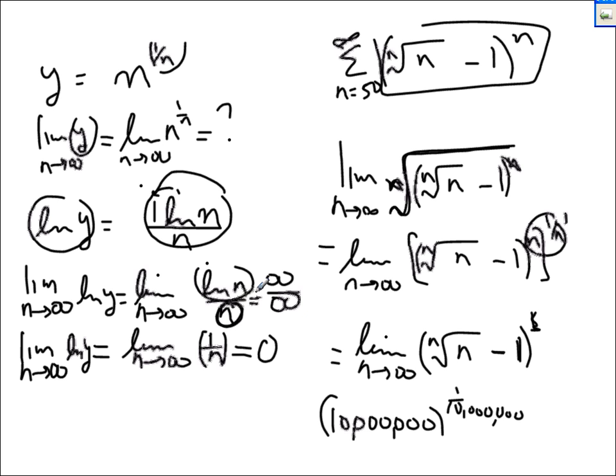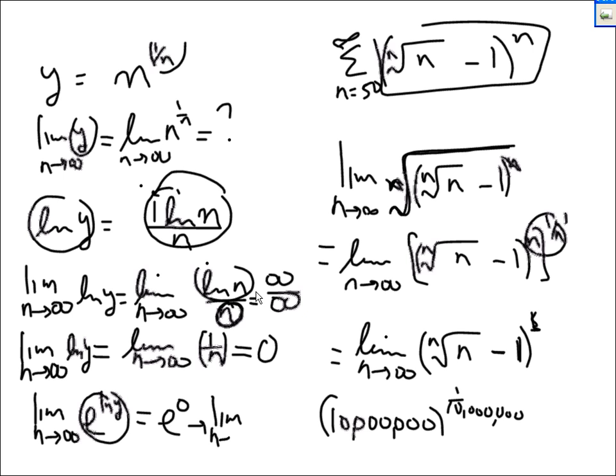I can raise both of these to the e power. The limit as n goes to infinity of e to the ln of y equals e to the 0. But here's what I know. This is y. E to the ln of anything is the anything.